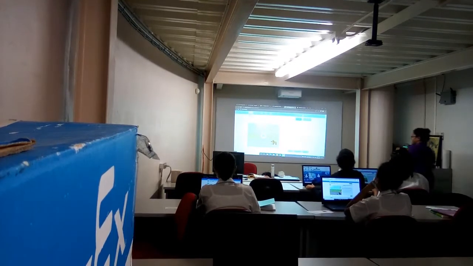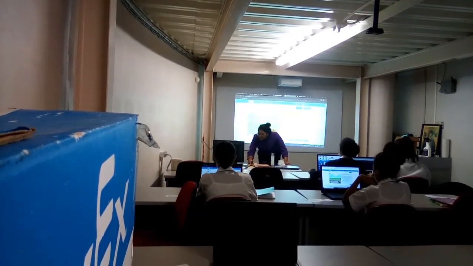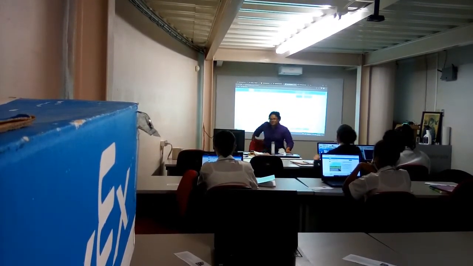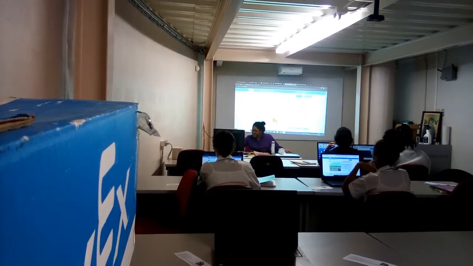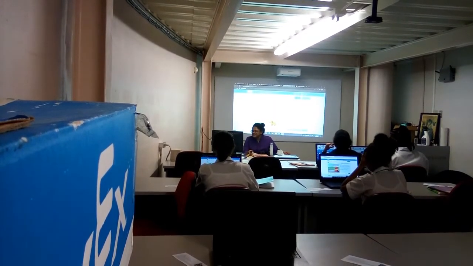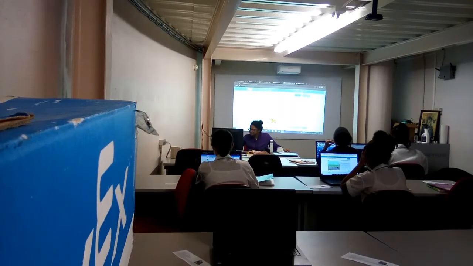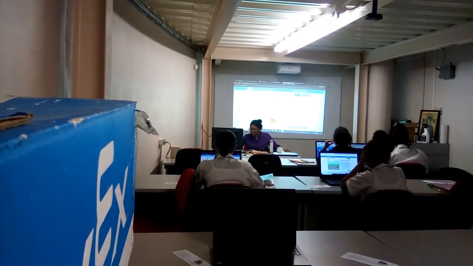So when you click on this, when you play, you have to play the game, using the arrow keys. So play. And you have to read the instructions first and then follow.